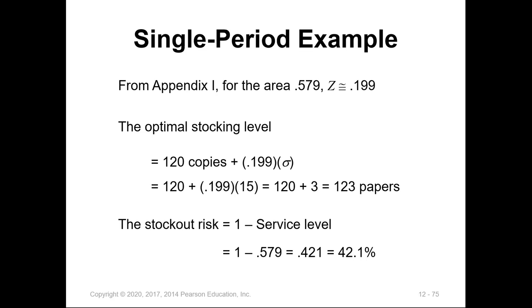So the stockout risk is 1 minus the service level, which is 1 minus 0.579, and that will be 42.1%. The probability of being stocked out will be 42.1%.